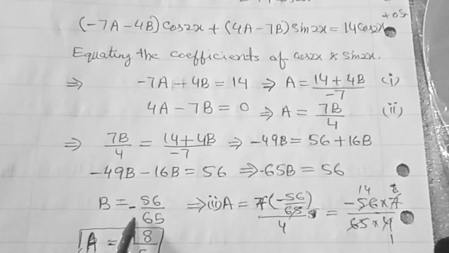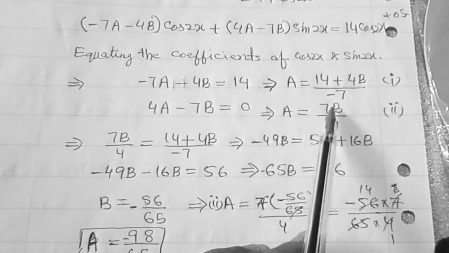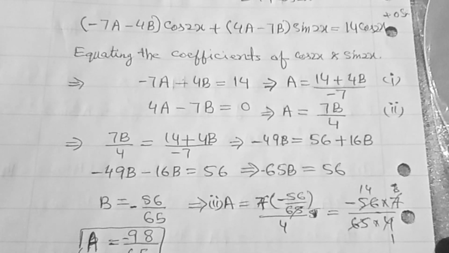When we substitute this value in equation number 2, we obtain the value of a, that is a is equal to 7 times minus 56 upon 65 upon 4. So a is equal to minus 98 upon 65. Now we can substitute these two values, that is yp is equal to minus 98 upon 65 cos 2x minus 56 upon 65 sin 2x.